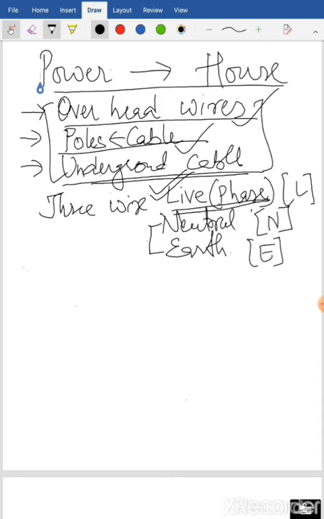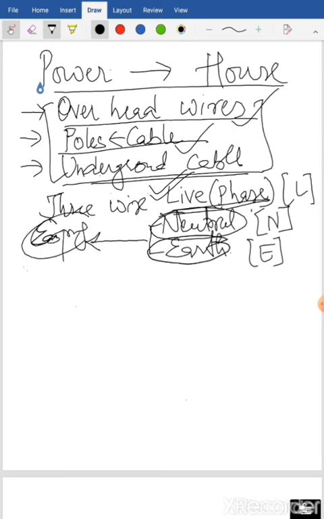So at the company, very important thing to remember, at the company, or the power generating station, or in the local substation, these two wires are connected together and they are maintained at the same potential, that is 0. So they possess 0 volt.